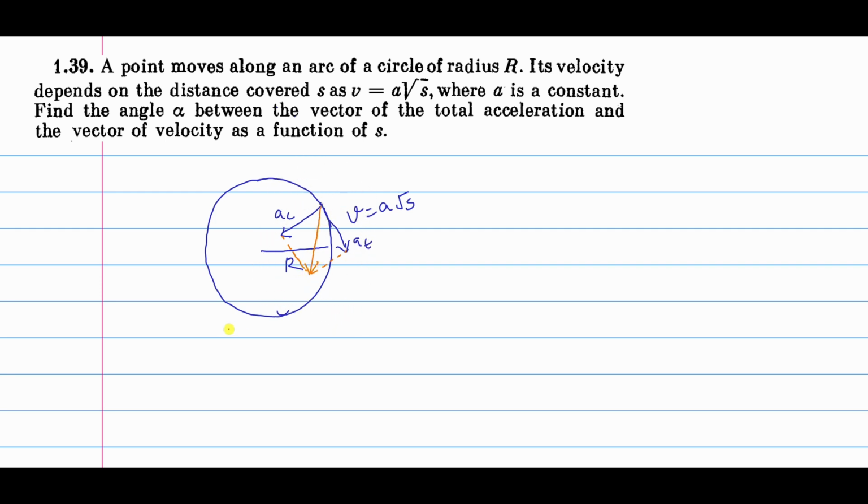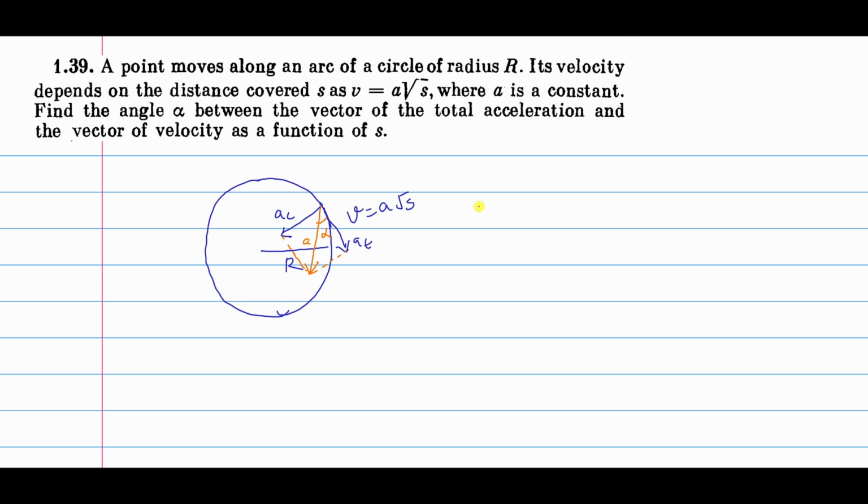This is our resultant acceleration, total acceleration. They want to find the angle between the velocity vector and the total acceleration. We can also find this angle between the tangential acceleration and the total acceleration, because the velocity vector is in the direction of tangential acceleration. So let's solve this question.